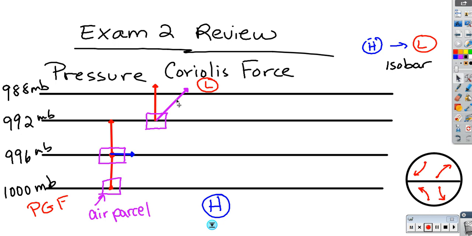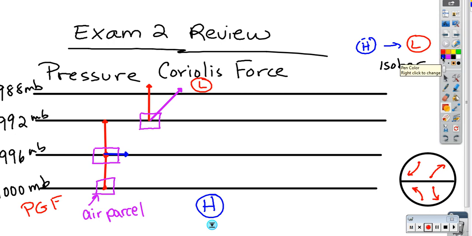So when we draw the Coriolis force, it's going to be at a right angle to this. The parcel's feeling as if it wants to move in the direction of the purple arrow, but now it's sensing that there's this other force present that's trying to get it to go to the right of its path. And now I'm going to try to draw that longer than it was before.